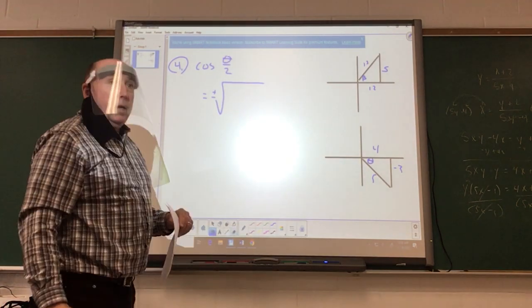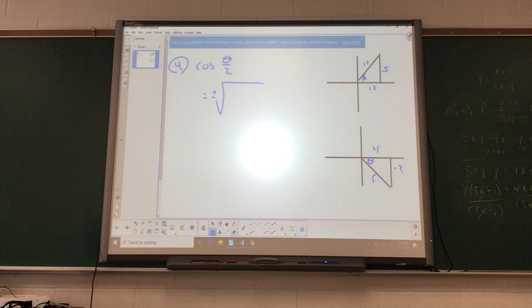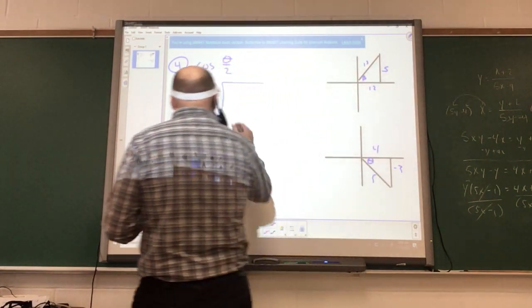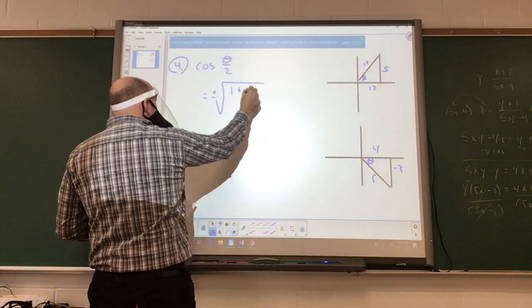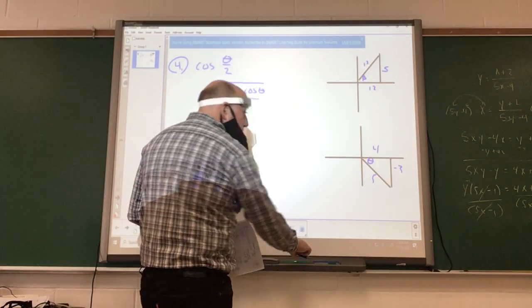So we have plus or minus. What's the rest of our formula? Emma, what do you have? 1 plus cosine theta over 2. So we just expand out the formula.